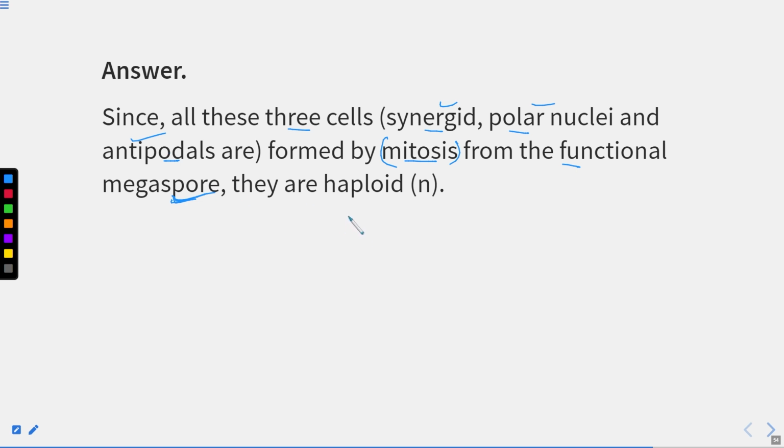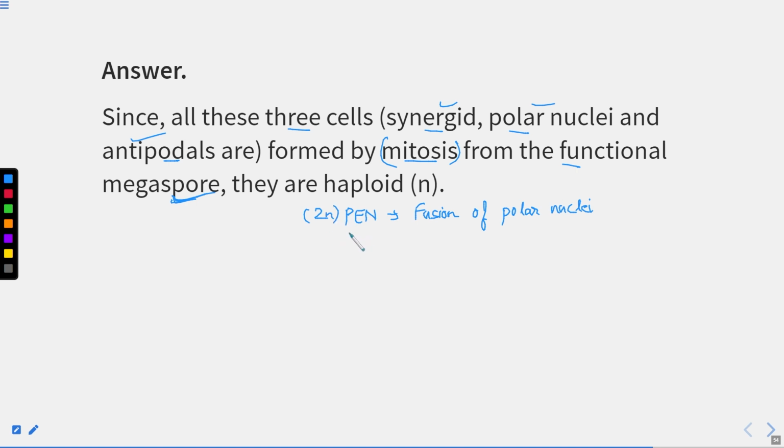But only the primary endosperm nucleus, which is formed by the fusion or the union of polar nuclei, is diploid.